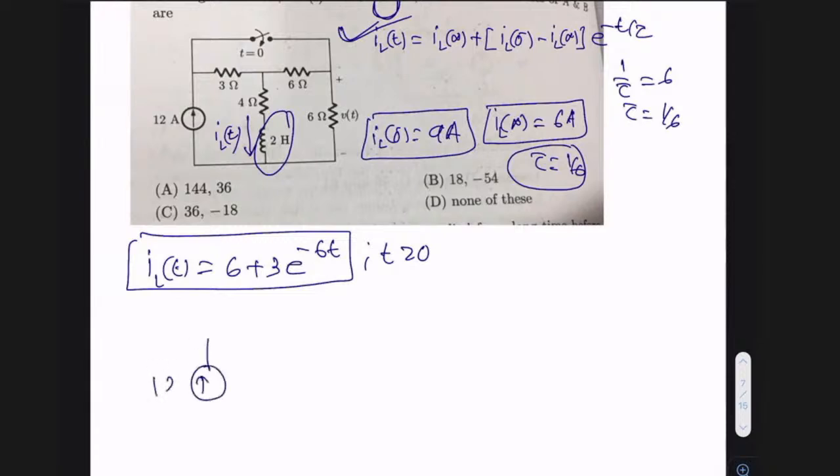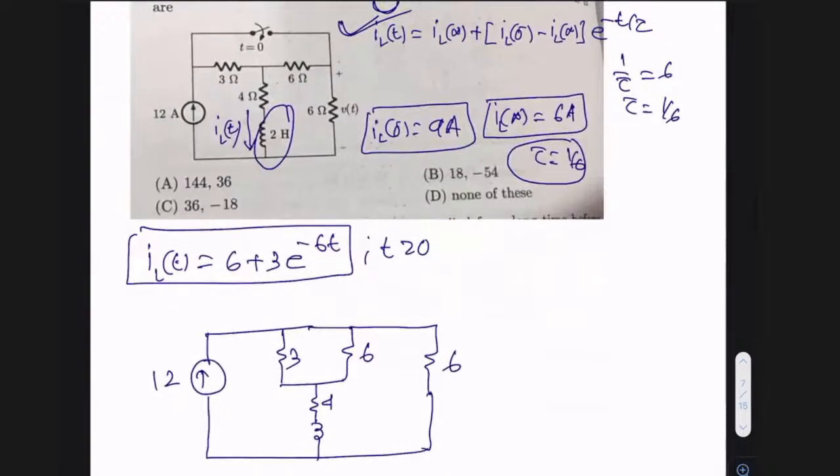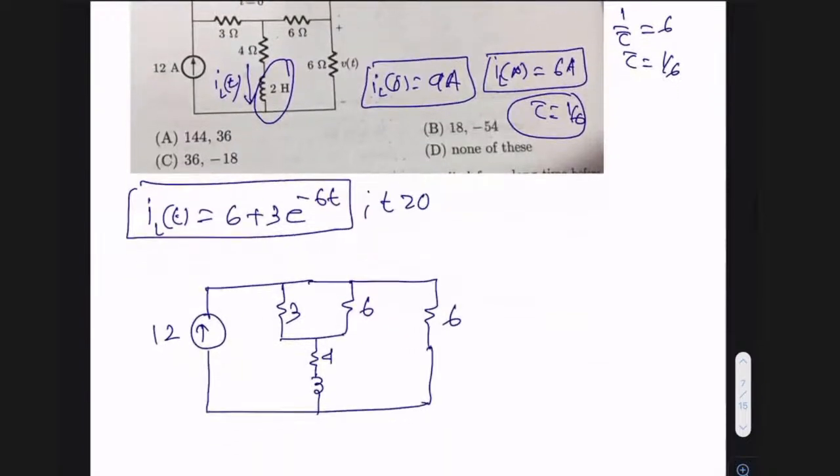This is your 12, this is your 3, this is your 6, this is your 6, this is your 4, this is your inductor, and this is your 4. This is the same circuit which is applicable for t greater than 0.